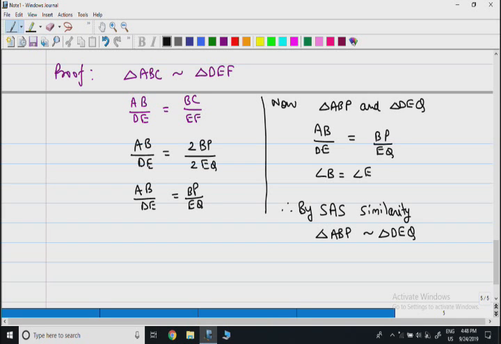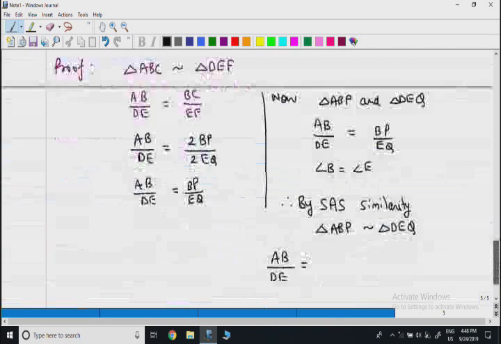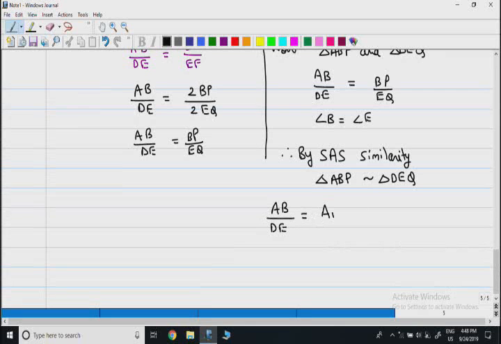These are similar, right? If ABP is similar to DEQ, then the ratio of the corresponding sides would be equal. So AB over DE would be equal to AP over DQ, and this AP over DQ is nothing but the ratio of the medians.